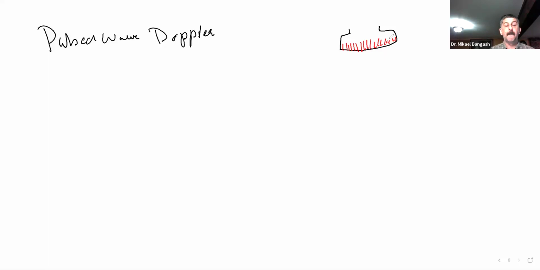Clear? Did that make sense? Yep. Now, all these PCTs are operated by the B mode, which will give us the image. We are still using a pulsed wave transducer.